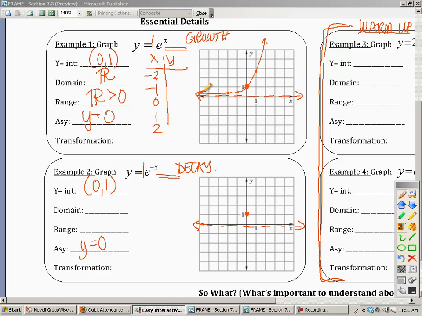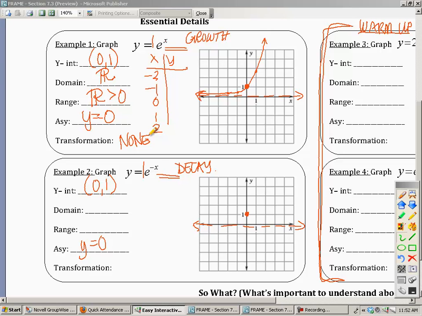Okay, and you can plug in the values. This transformation, though, is none. This is called our parent function for growth as you look at it. But again, you're going to need your calculator for this section because you don't know e or how to do 2.718 to the second power. So obviously this is a calculator one.